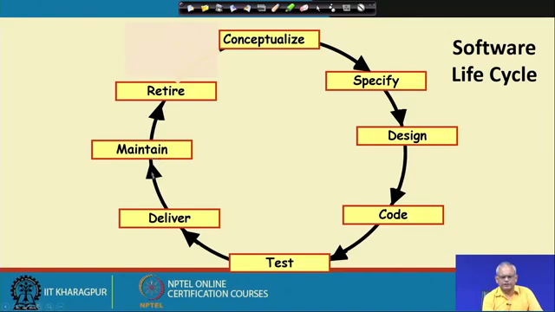Then later problems are maintained, and after some time the software may not be needed anymore, maybe because the business has changed, maybe different, much better software has become available, or maybe the hardware changed. For whatever reason, slowly after many years it is no more used and it is retired.